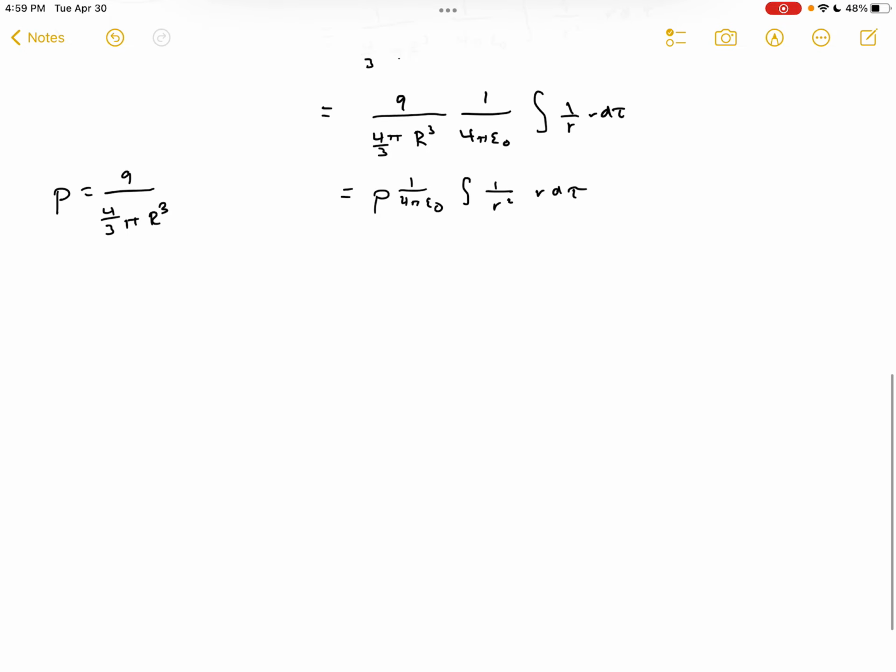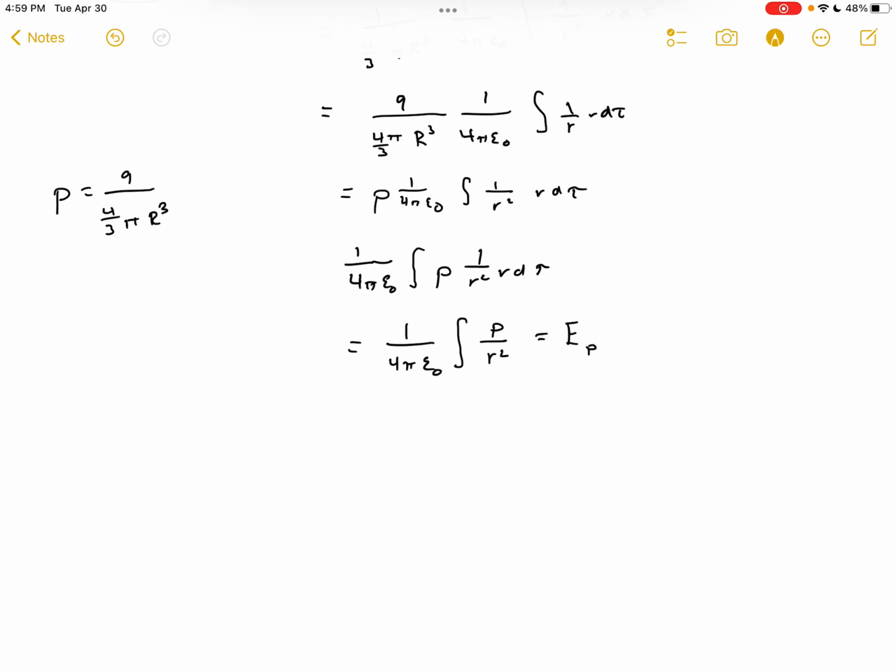So now we can simplify even further, and we would get 1 over 4 pi epsilon naught, integral rho over r squared r-hat d tau, which would simply equal 1 over 4 pi epsilon naught rho over r squared, which equals E rho that we had.